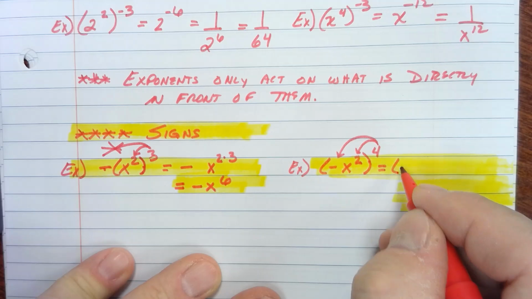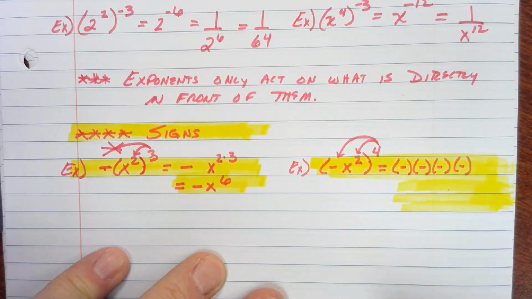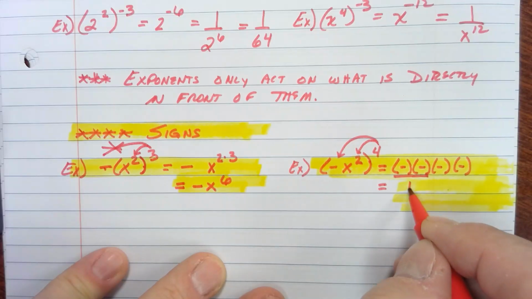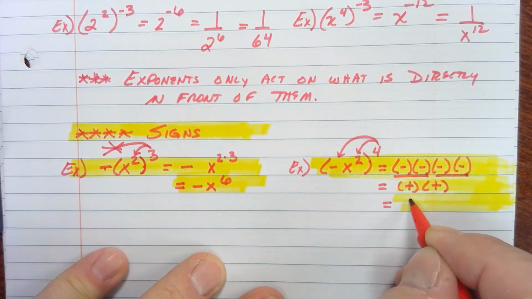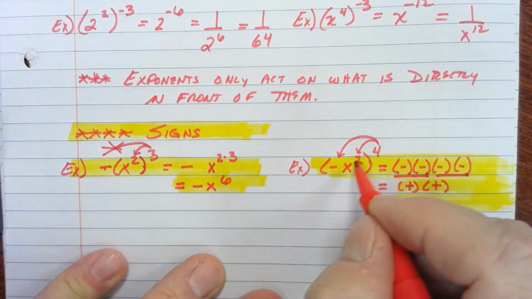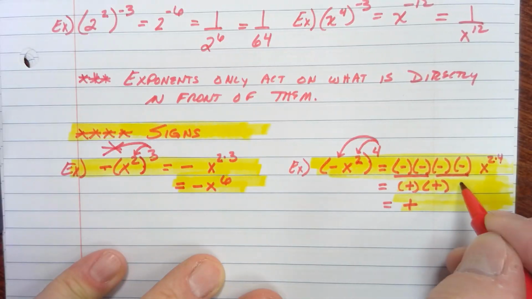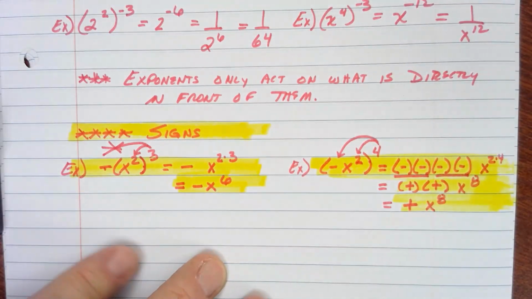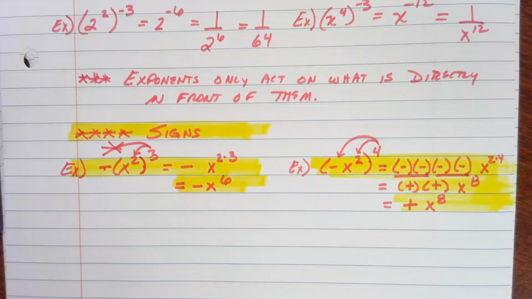And by that I mean a negative times a negative times a negative times a negative. There's 4 of those negatives. These two, when I multiply, make a positive. A negative times a negative here makes a positive, so my final answer is going to be a positive times a positive. Then this is going to be x to the 2 times 4, or x to the 8th. Does that make sense? The number of negative signs in there makes a difference.